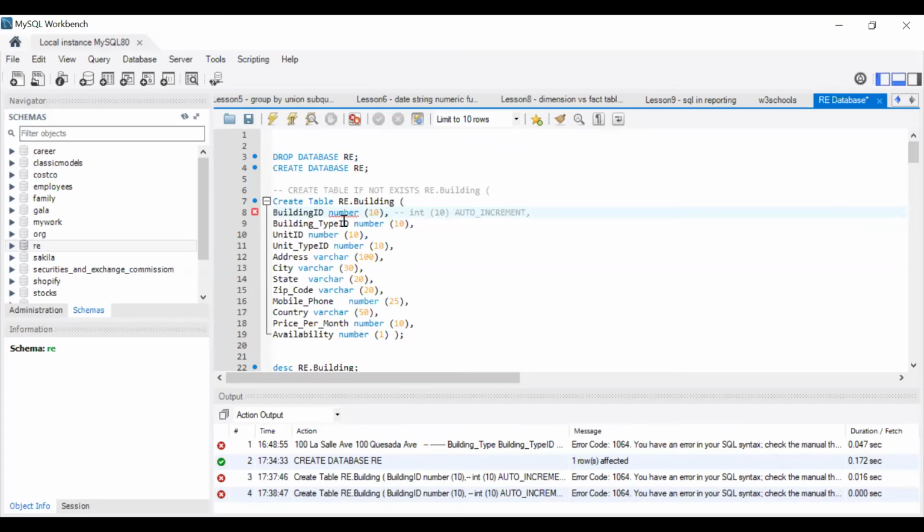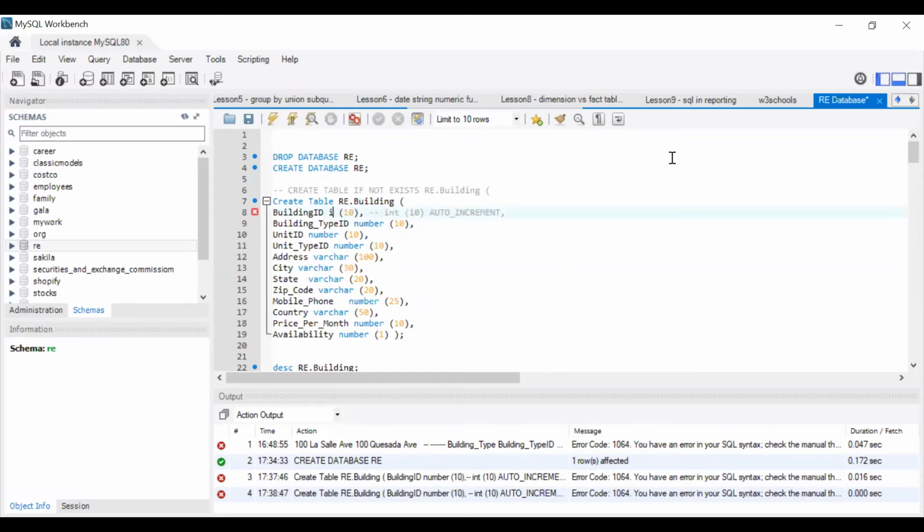Oh, I didn't want to do auto increment here, but what type should it be? I thought number would work. I don't know why number doesn't work. Integer.